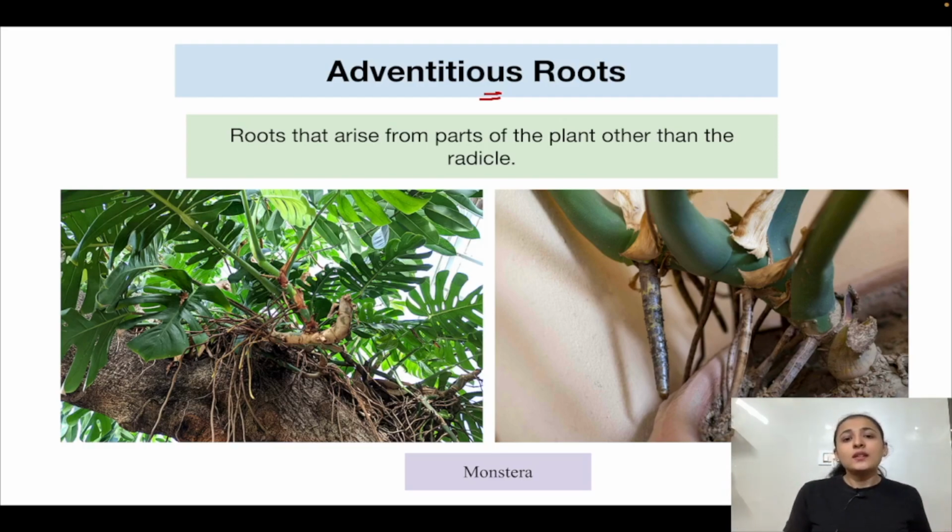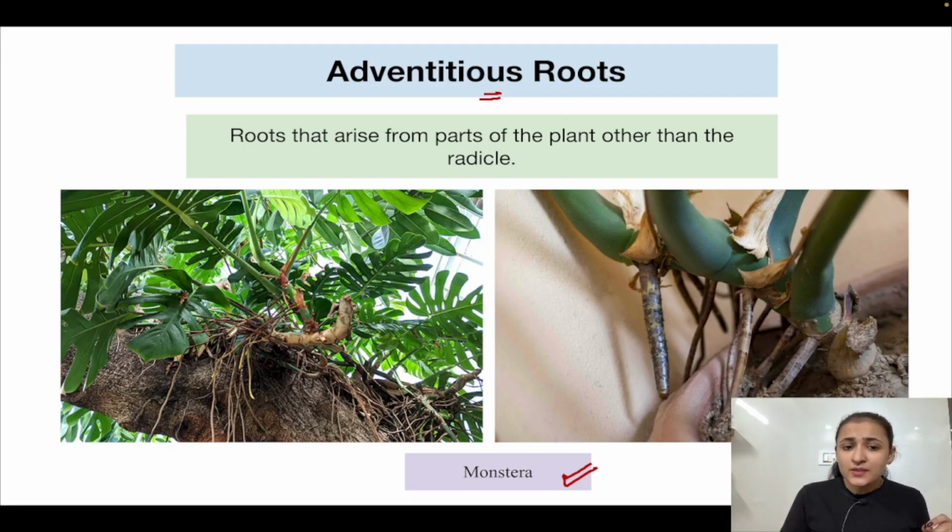Okay, so this example of adventitious root is from the Monstera plant. We have seen the Monstera plant growing commonly in our neighborhood, in areas nearby us. I'm sure everyone has seen Monstera, a plant that looks like this, which has big wide leaves, and it's very beautiful.